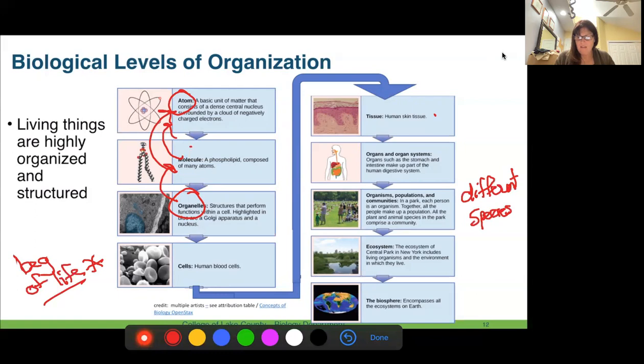And then we have an ecosystem. An ecosystem is where we have the abiotic coming together with the biotic. So again, when we look at an ecosystem, we're looking at how the living interacts with the abiotic factors. Those abiotic factors mean the water, the amount of sunshine, the wind, the soil, the rocks.